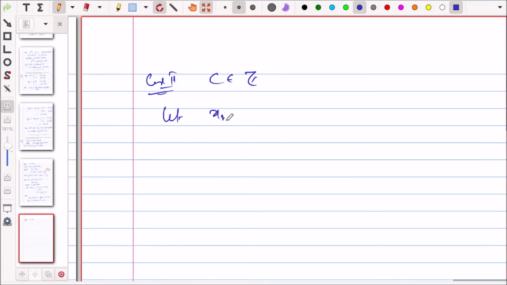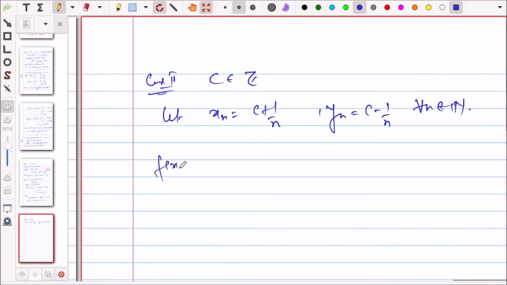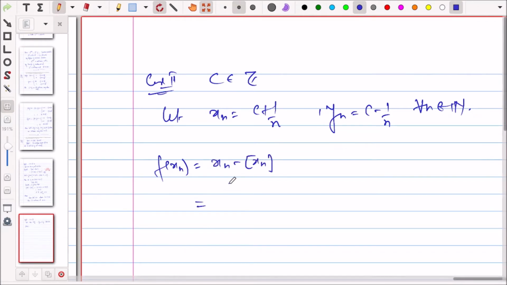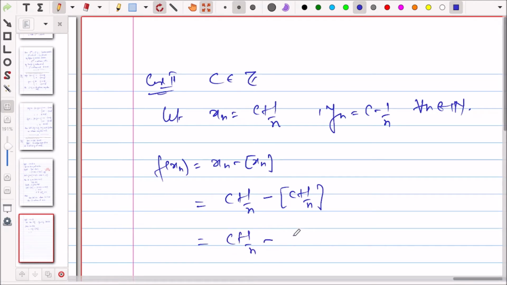So let xn equal to c plus 1 by n and yn equal to c minus 1 by n for all n belonging to N. Then for this sequence, f of xn is equal to xn minus the greatest integer of xn, which is equal to c plus 1 by n minus c, because c is an integer, for all n greater than or equal to 2.